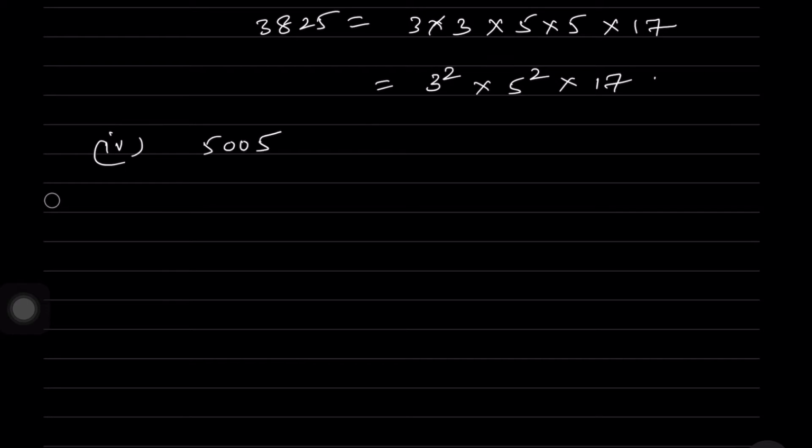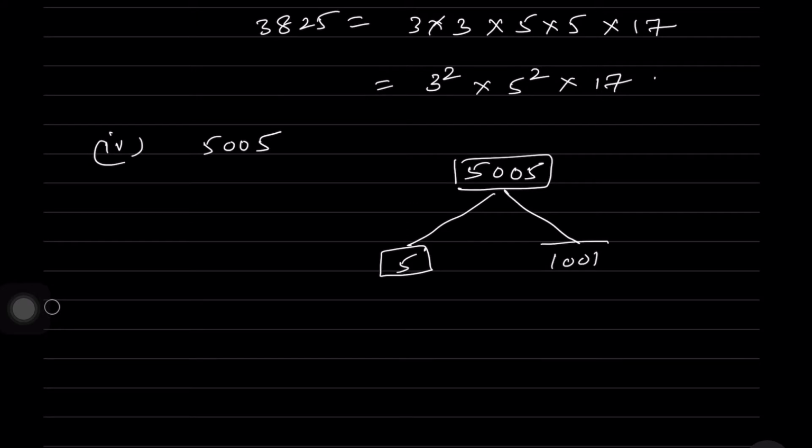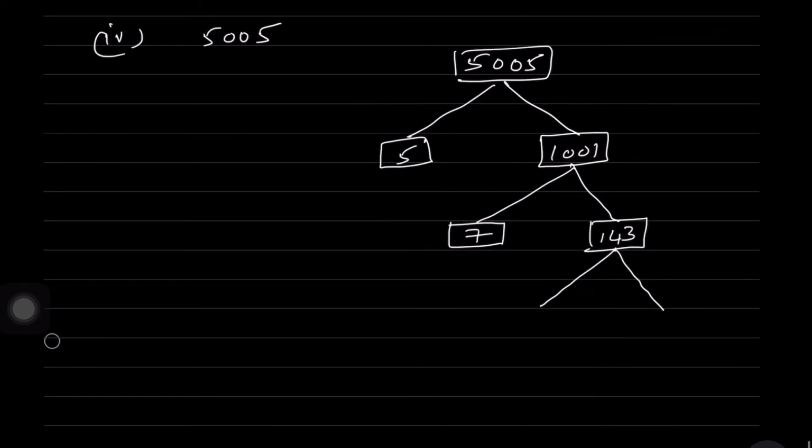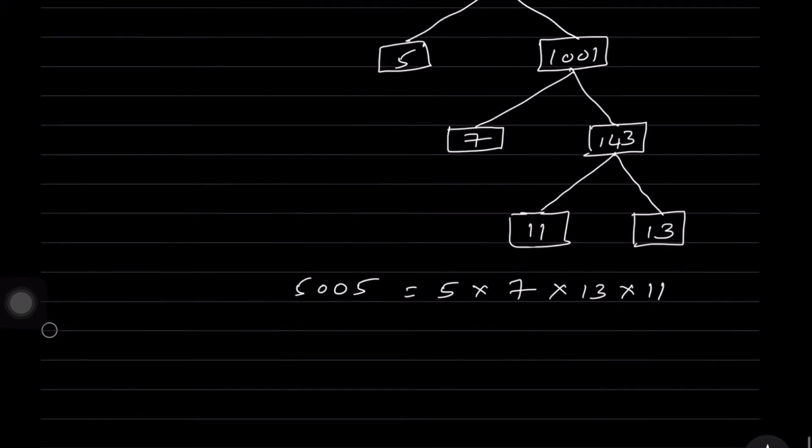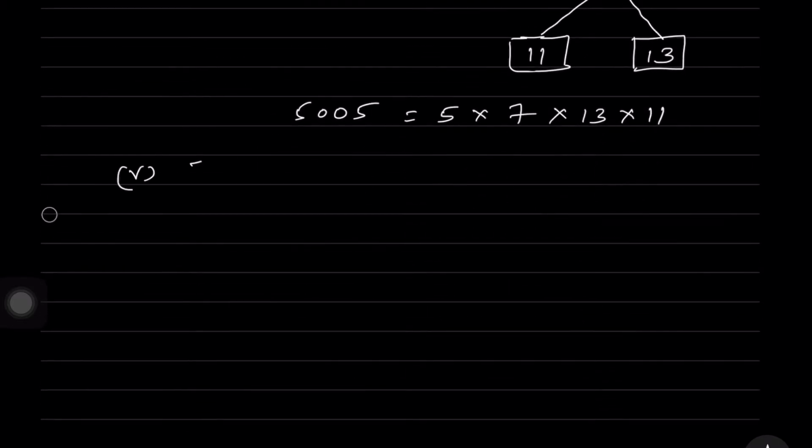Next, the fourth one is 5005. 5005 can be written as 5 into 1001, and 1001 can be factorized as 7 into 143. 143 can be written as 11 into 13. So 5005 is equal to 5 into 7 into 11 into 13.